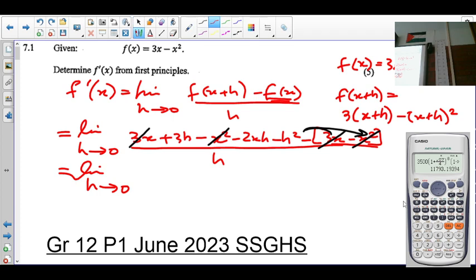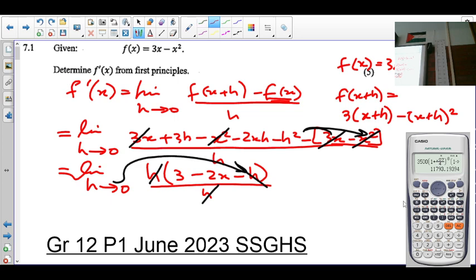We are left with 3h minus 2xh minus h squared. We take out h as a common factor, so it's 3 minus 2x minus h, all over h. The h's cancel. Wherever I see an h, I put a 0, which gives you 3 minus 2x. It can be confirmed by applying your rules of differentiation, or the power rule as they fondly call it.